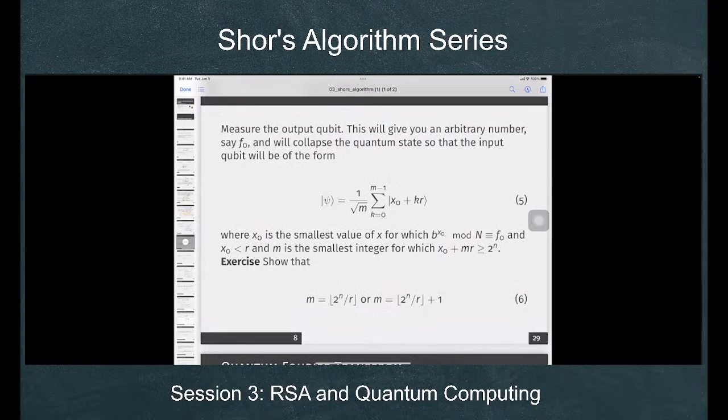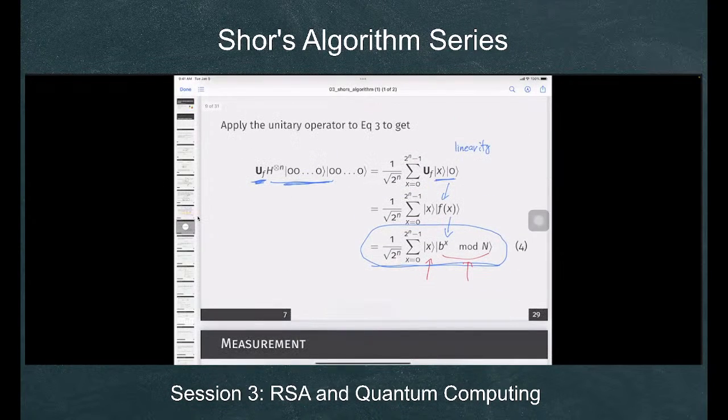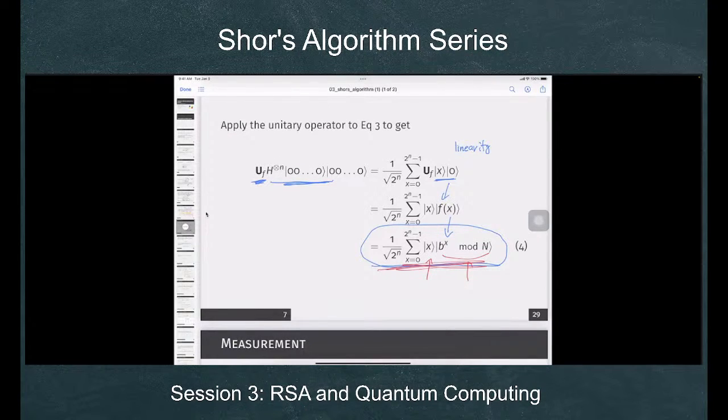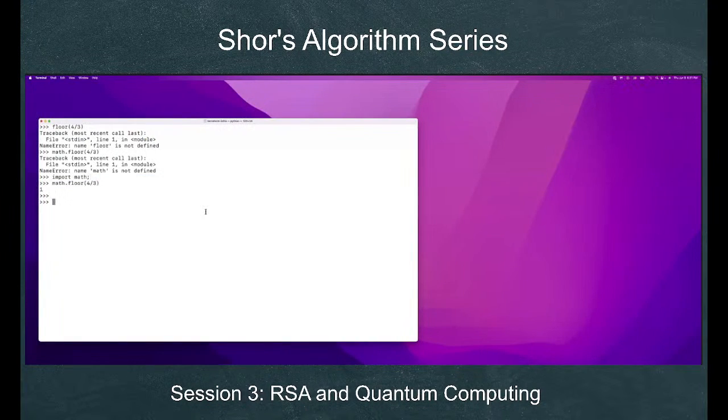Let me give you an example of how this looks. I'm now in my Python.